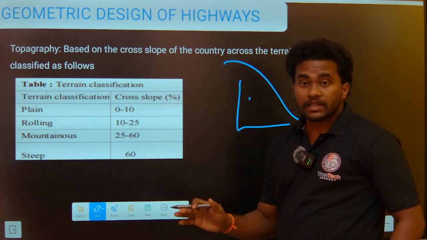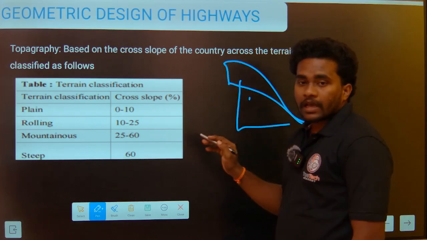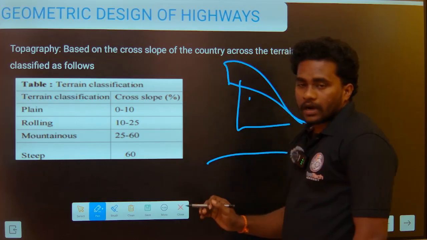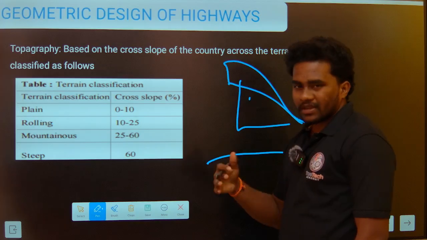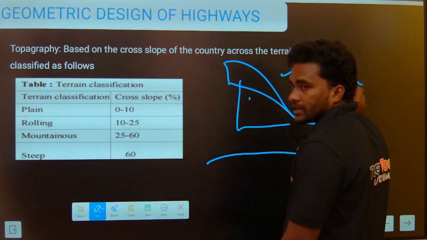So we have to consider how much slope it has. Let's say this is a plain terrain. In that we can construct the highway very easily. And rolling terrain is nothing but like this.